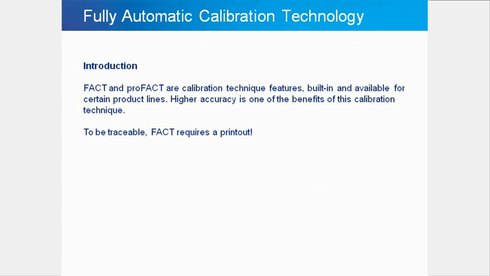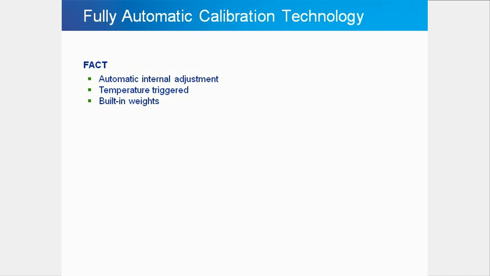FACT and ProFACT are calibration technique features built in and available for certain product lines. Higher accuracy is one of the benefits of this calibration technique. FACT automatic calibration of sensitivity depends on the type and linearity of a balance. The calibration is triggered whenever a predetermined temperature change is exceeded.